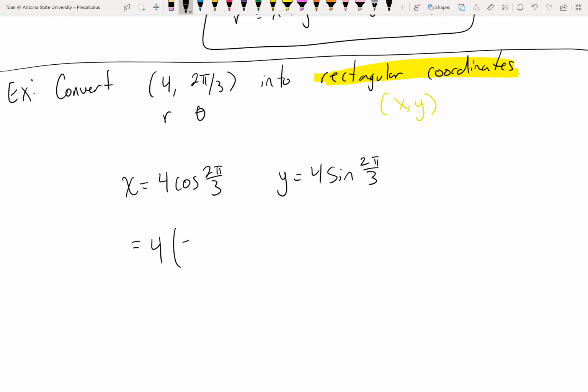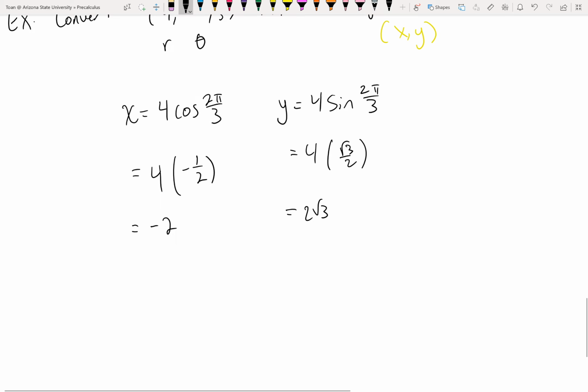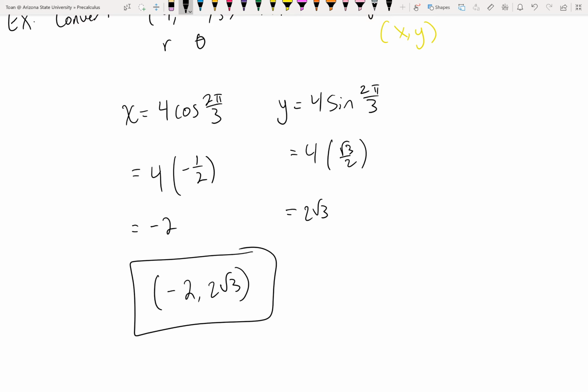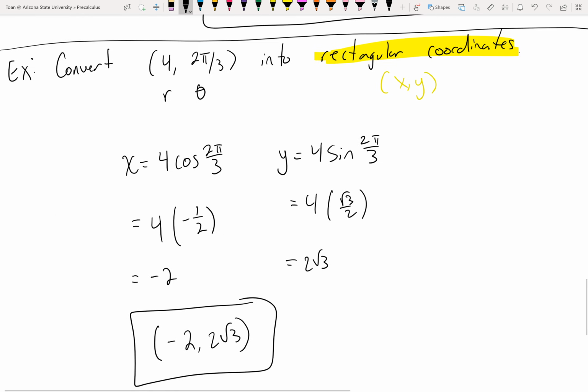Cosine of 2 pi thirds is negative 1/2, so negative 2. And sine of 2 pi thirds is rad 3 over 2, which is 2 rad 3. So we know that the rectangular coordinates are x equals negative 2, comma, y equals 2 rad 3. So those are the rectangular coordinates of this point.